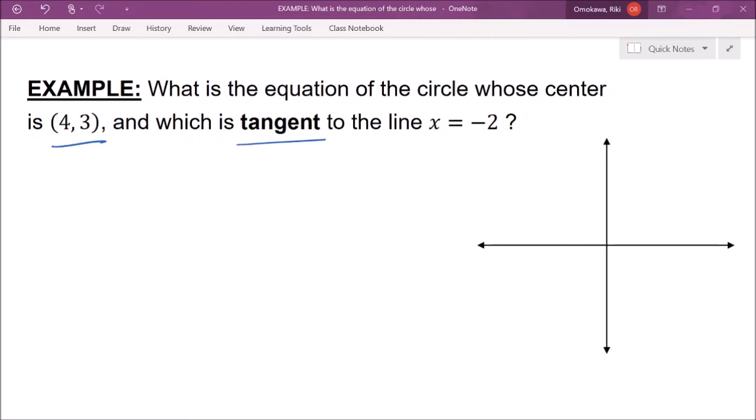Now it has something to do with this line, x equals -2, and remember what that means. An x equals line is a vertical line, right? So at -2, that would be like a line here, perhaps, in the coordinate plane. But what does tangent mean?